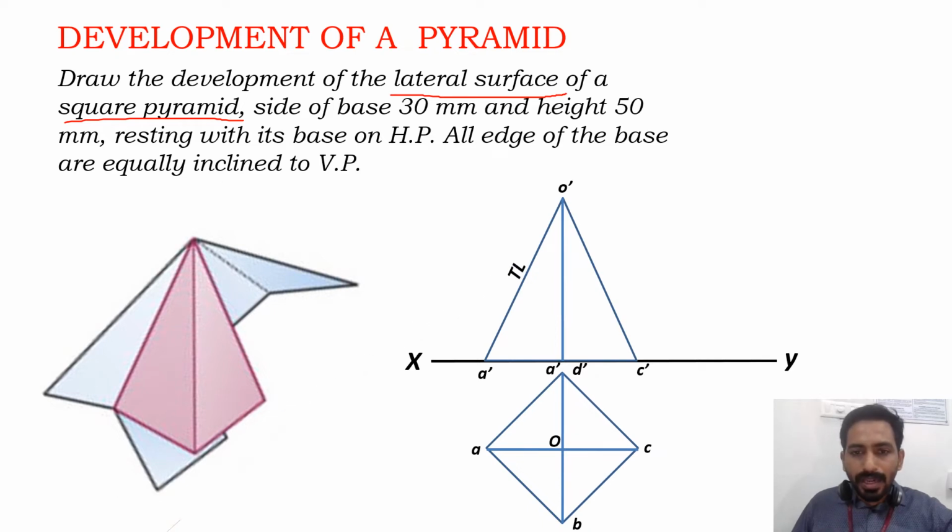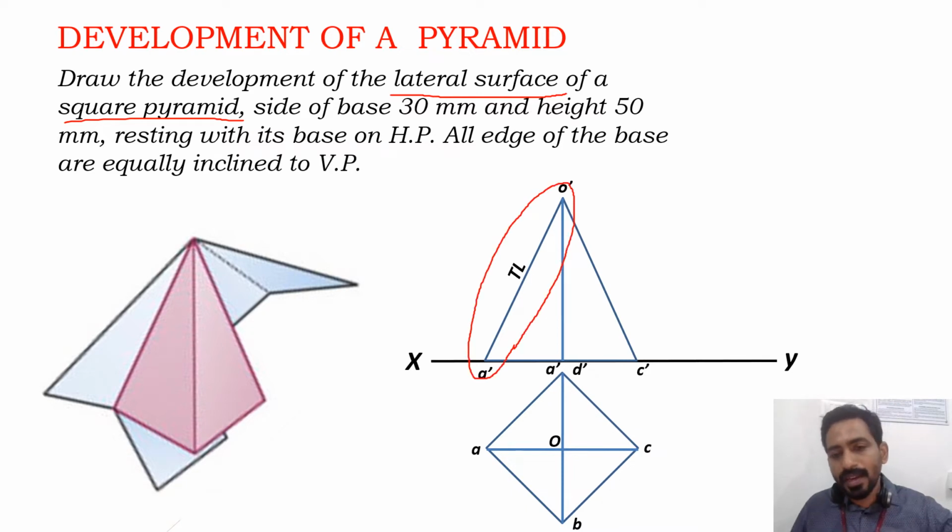Now here you can see that the O dash A dash line represents the true length of the slant edge. How do you know that it's a true length? Okay, from the projection of lines we have seen that if one view of the projection of a line is parallel to XY line, the corresponding other view will have true length.